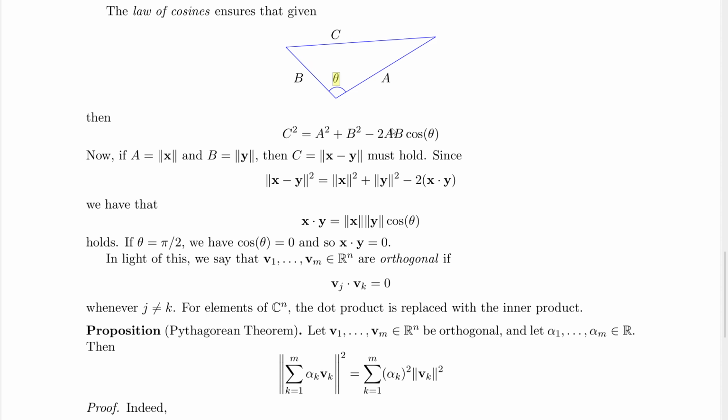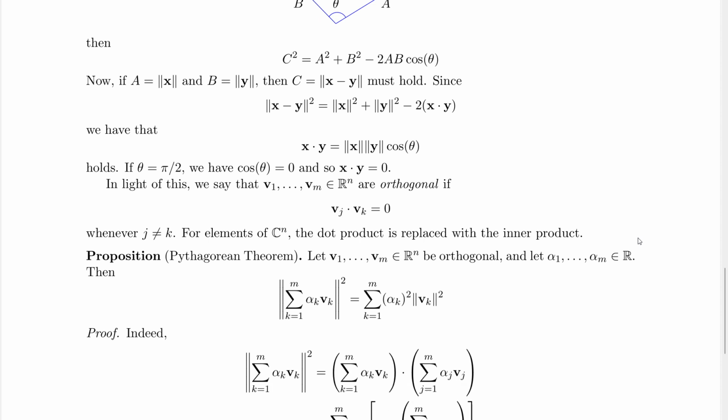Well, it turns out that for Rn, you can get a Pythagorean theorem for any number of elements and any scalars that you associate with them, where the length squared of the sum is equal to the sum of the length squared, and then the appropriate scalars being squared as well. All right, and this is again straight unravel the definition.